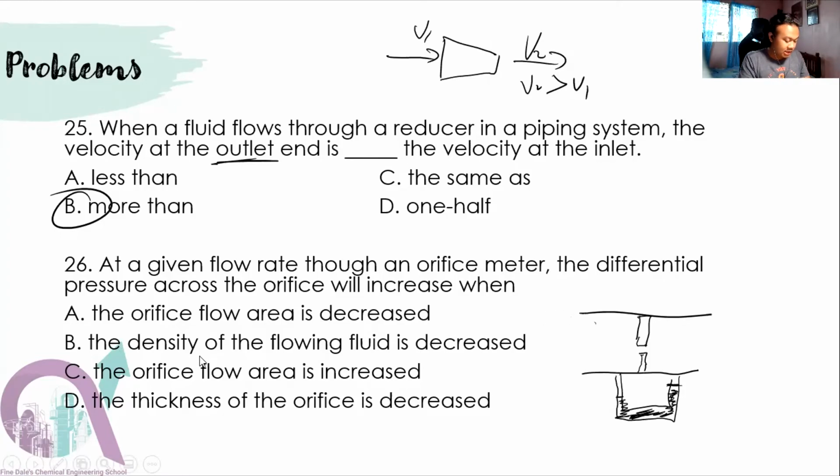So it will increase when the orifice flow area is decreased. So the density of the flowing fluid is decreased, or the orifice flow area is increased, or the thickness of the orifice is decreased. So imagine if you decrease the orifice flow area, it will increase.